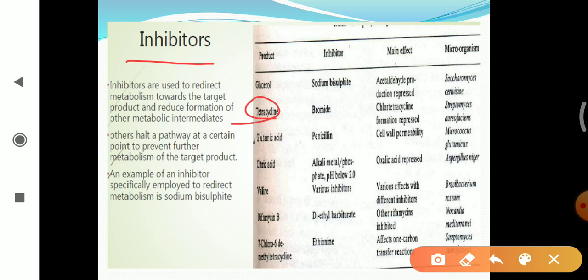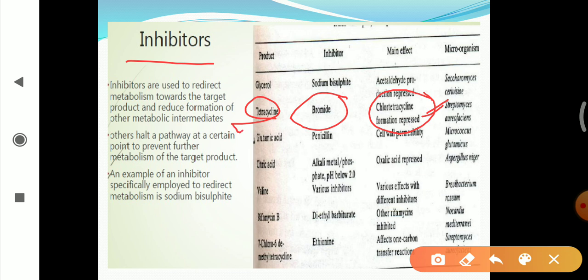In the tetracycline fermentation process, the undesirable chlorotetracycline was formed. To prevent the formation of this chlorotetracycline, we add chlorination inhibitors, for example bromide.